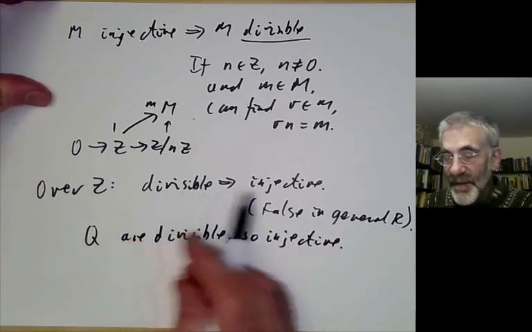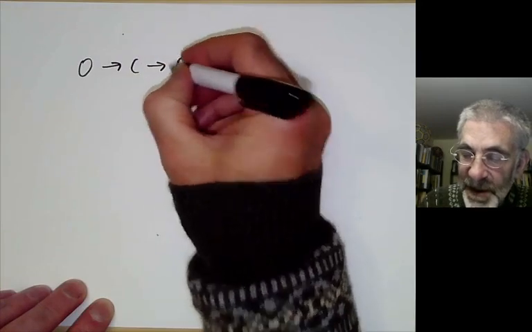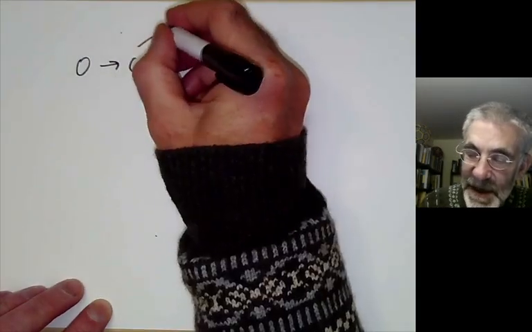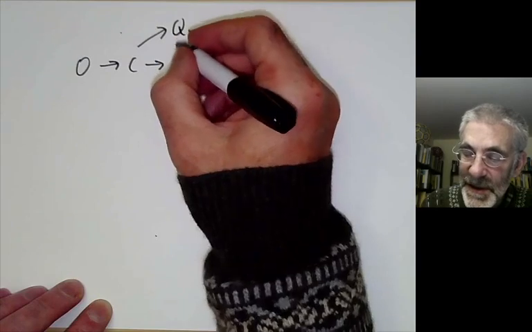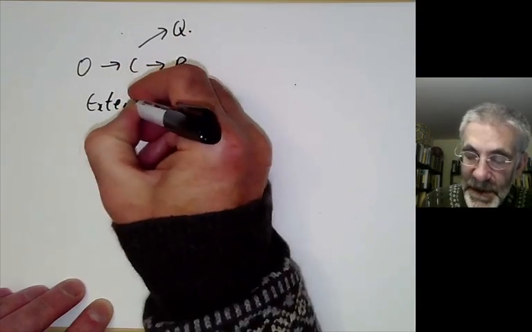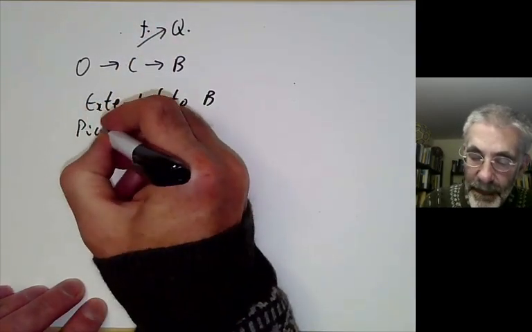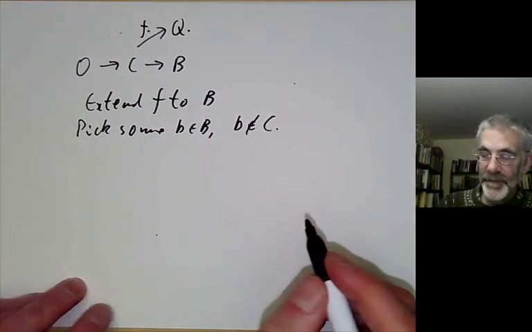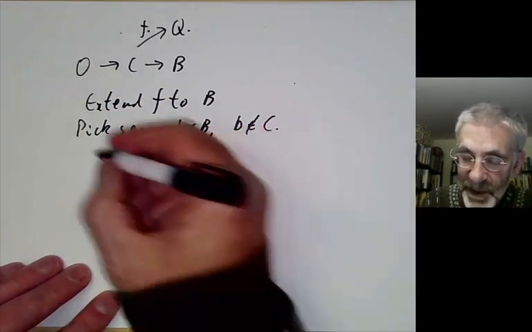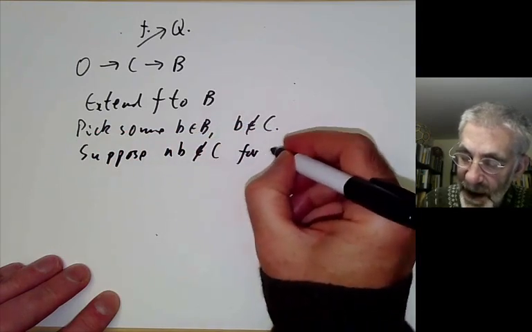So let's see why divisible implies injective. What we have is an injective map of modules, and we've got a map f from C to our divisible group, say it's Q, and we want to extend it to B. So we want to extend f to B. And let's pick some element b in B with b not in C. And then we can suppose nb is not in C for any n.